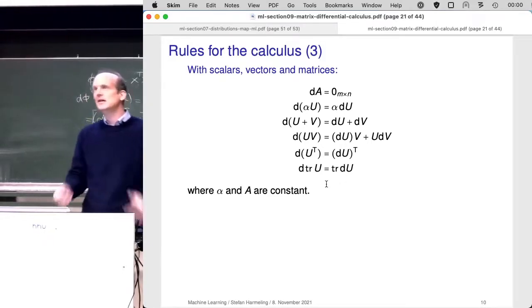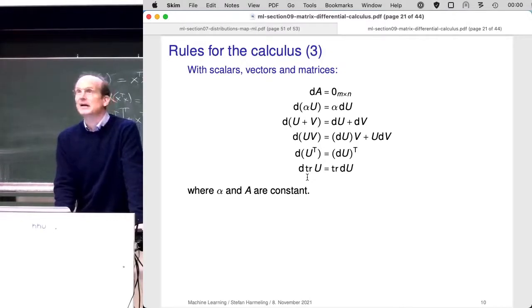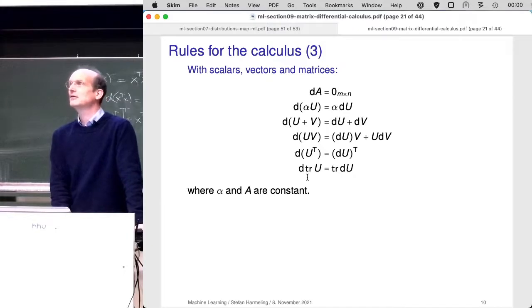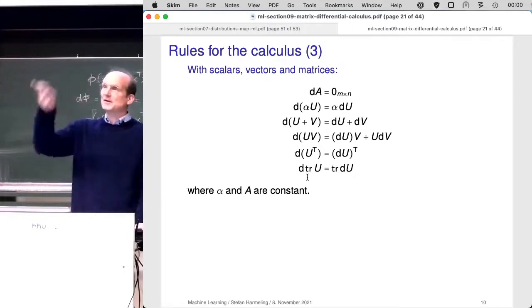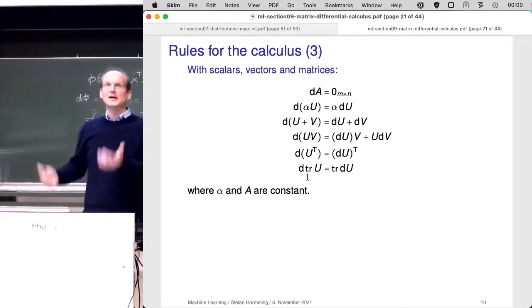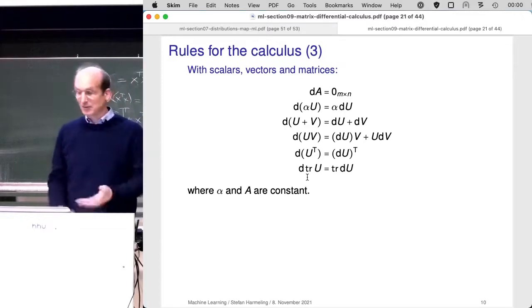You can easily make an example where you calculate the Jacobian of the trace of U. It gets a bit messy since your input is a matrix, but in principle you could calculate the derivative with respect to each of the entries in U and write it out as a big gigantic matrix. When you sum up the diagonal of this big matrix, you will get the right answer. That's just how it is.